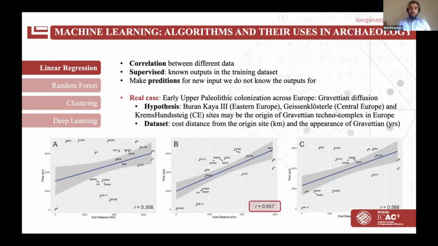So which one is more likely to be the origin of the Gravettian in Europe? The Hessens cluster site, because its correlation number is bigger. So after doing this, now we can say, I found a new site that is X kilometers from the original one, and using this algorithm, I can predict the date of the Gravettian in this site.